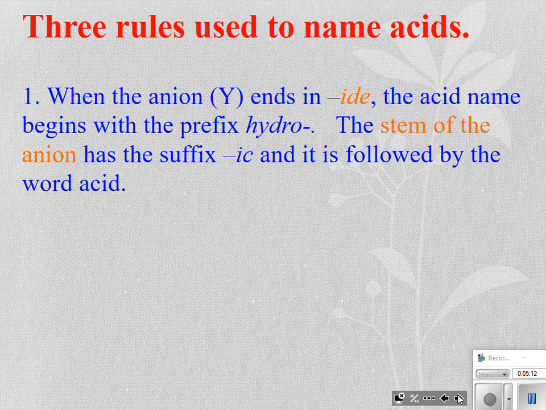Here is the first of the 3 acid rules. So go ahead and write down the rule, and then we will discuss it. I want you to look at PAL, your polyatomic ion list, and I want you to look at all of the endings on PAL.